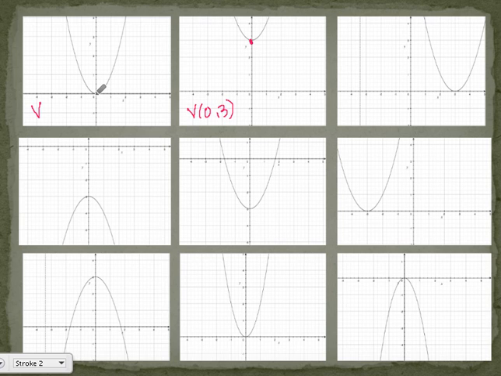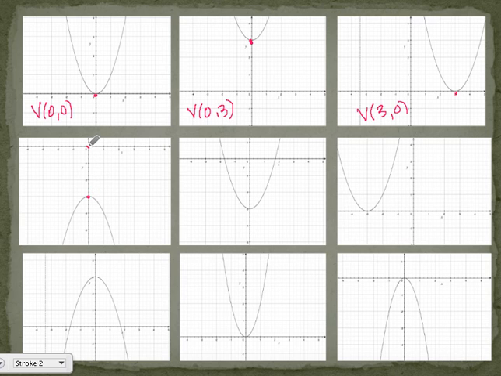In this case, our vertex is 0, 0. In this case, our vertex is 3, 0.